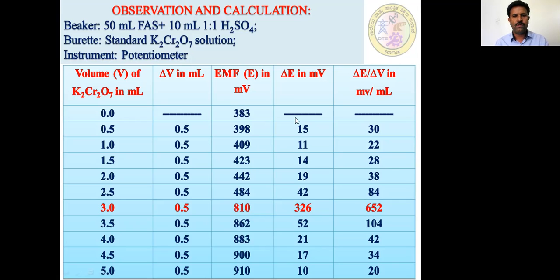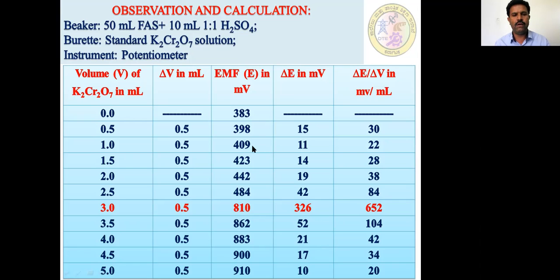Next, the change in volume: 0.5 ml minus 0 is 0.5, 1.0 ml minus 0.5 ml is 0.5 ml. So we increased gradually in 0.5 ml increments. So the change in volume from one trial to the next is 0.5 for all readings. And here delta E, change in EMF. 398 millivolts minus 383 millivolts, the difference is 15 millivolts.